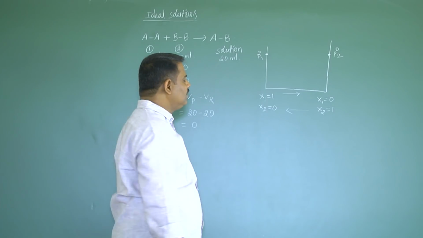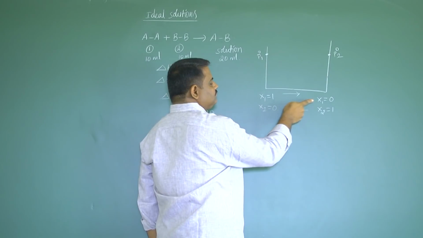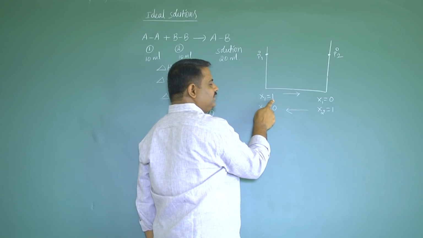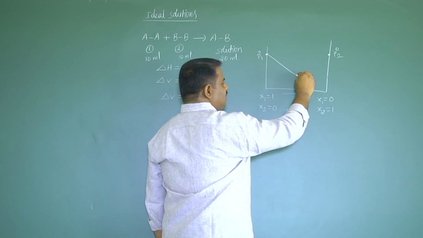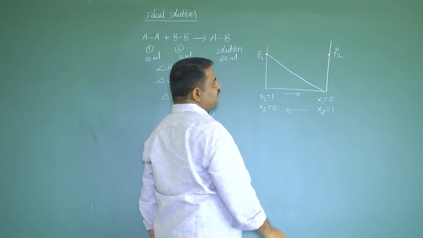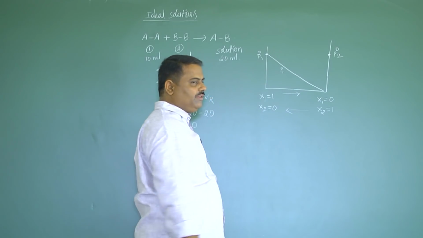Now, as you are moving from left to right, slowly mole fraction of first component decreases and its vapor pressure also decreases and approaches 0. This is written as P1. What is P1?